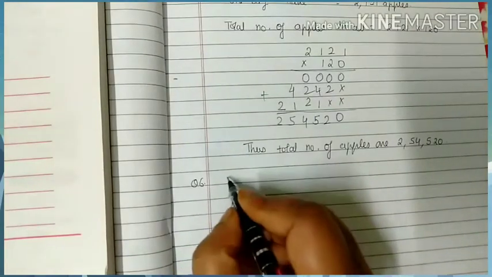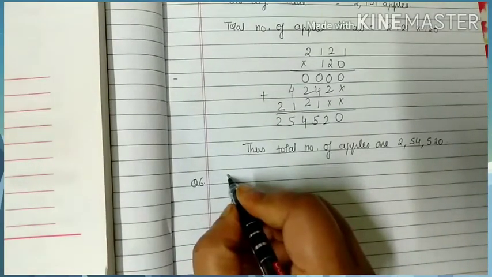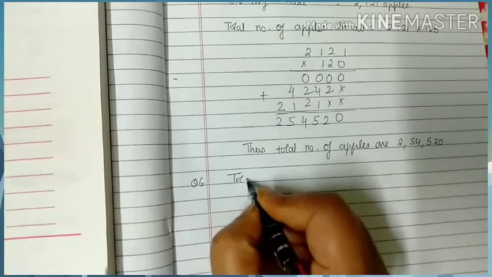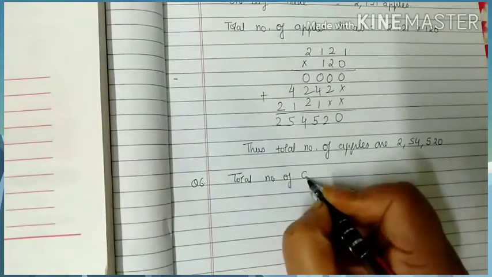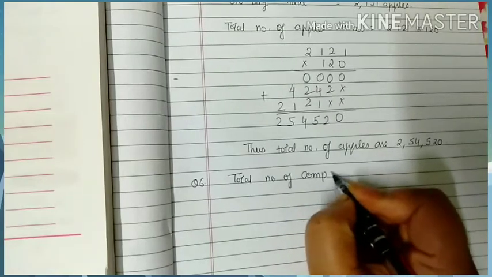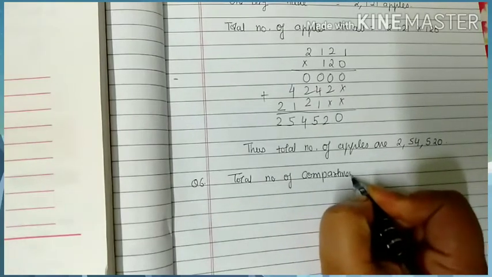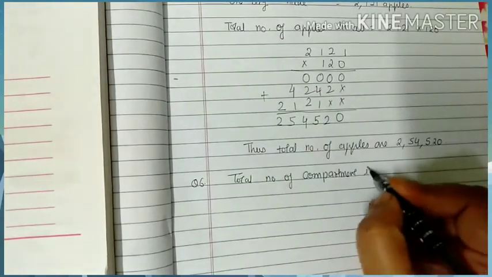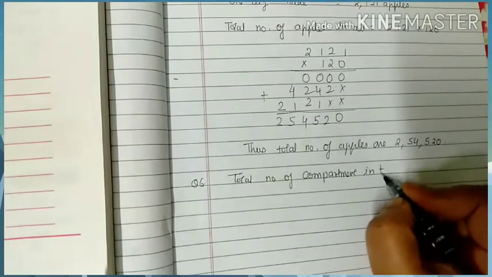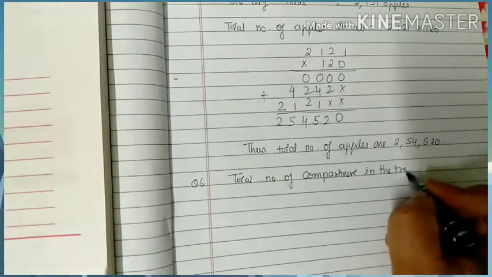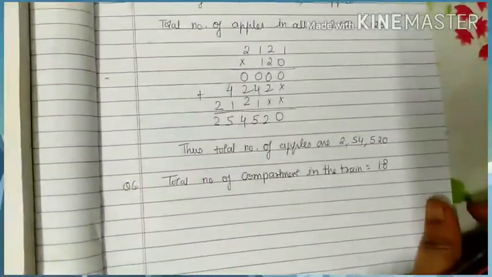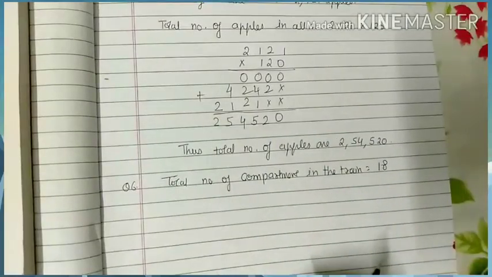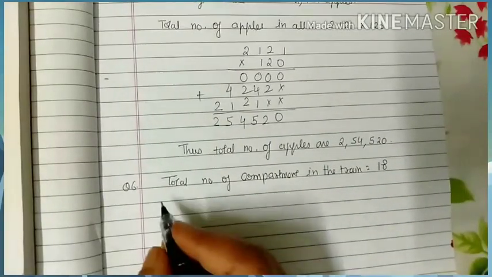So total number of compartments in the train is, how many compartments are there? 18. Okay, 18 compartments. So out of 18, in a compartment how many passengers are there?